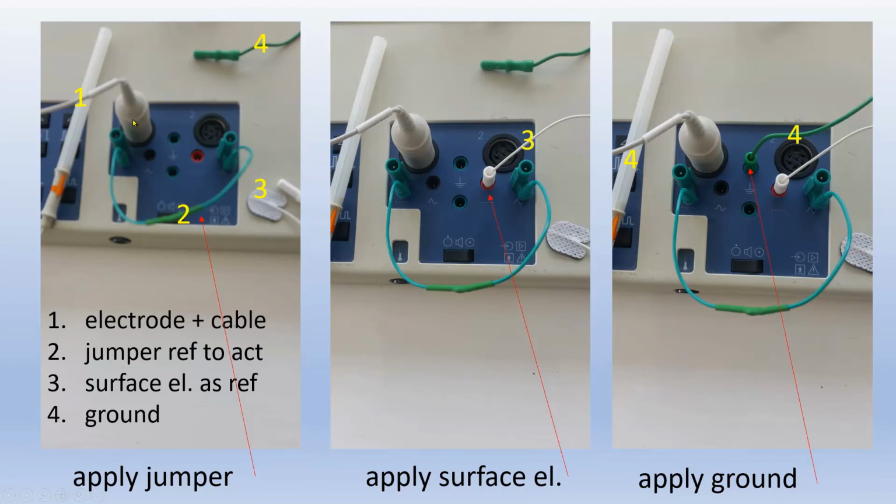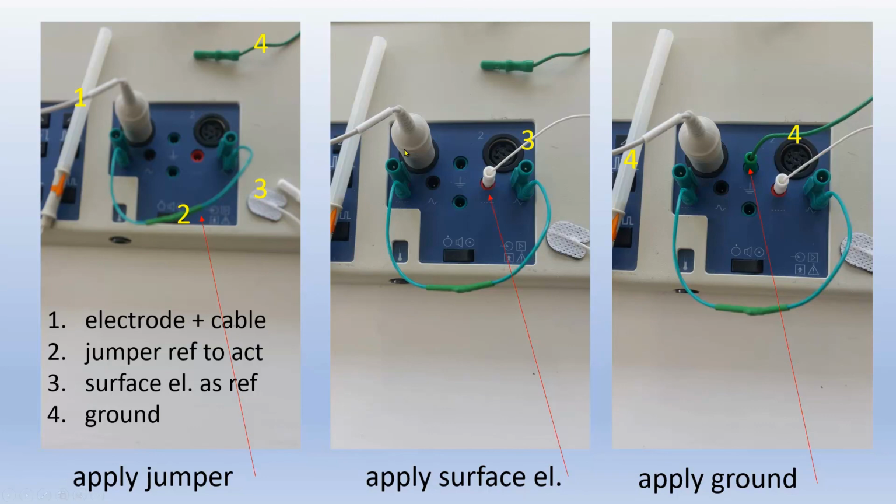We first insert the cable for the concentric needle electrode in channel 1 input, and then we connect the parallel output here, the reference from the cannula, and the cannula is going into the active part in this amplifier.